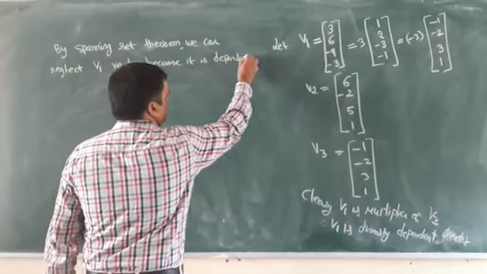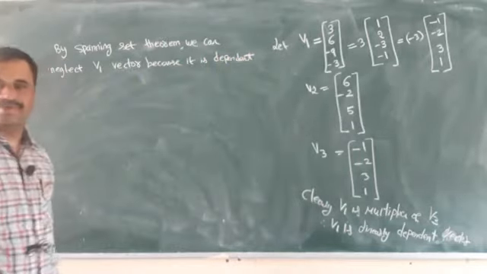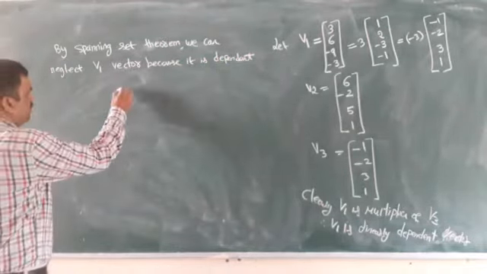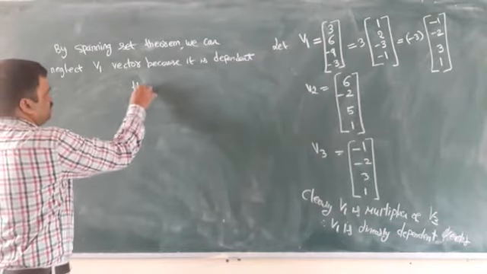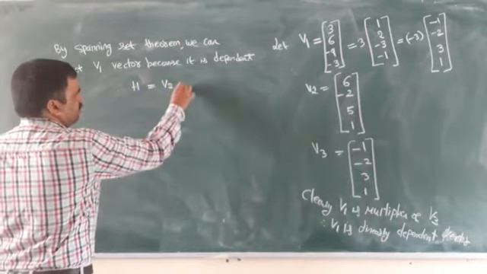So now S contains only two vectors, V2 and V3. Therefore, H is equal to span of V2, V3.